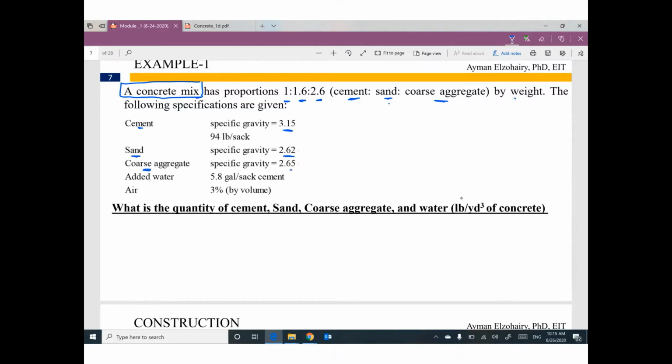I have a question. If the specific gravity of cement is given, do you think I can figure out the value of gamma cement? I can figure out the value of gamma sand. I can figure out the gamma of coarse aggregate. Yes. How? Go back to my notes.